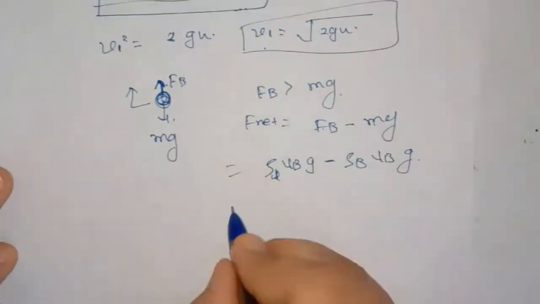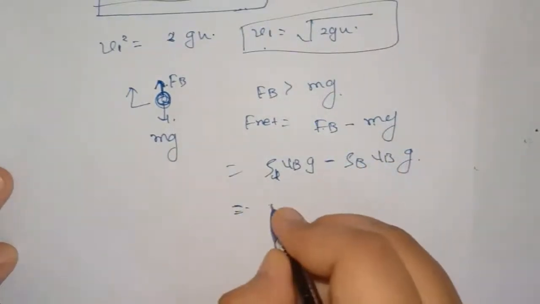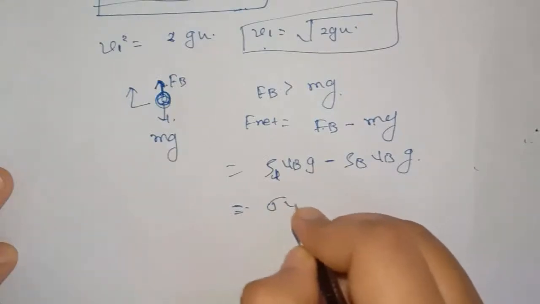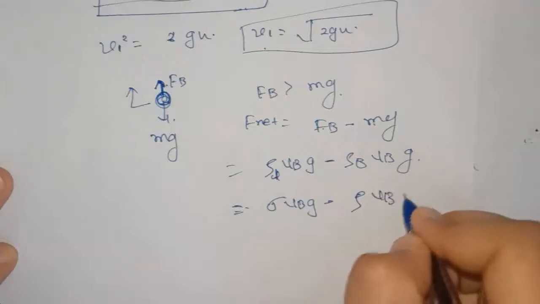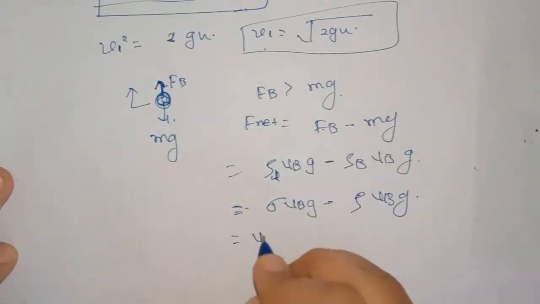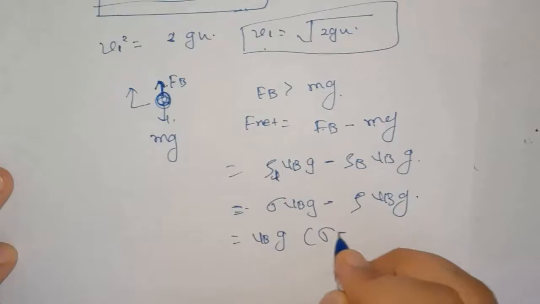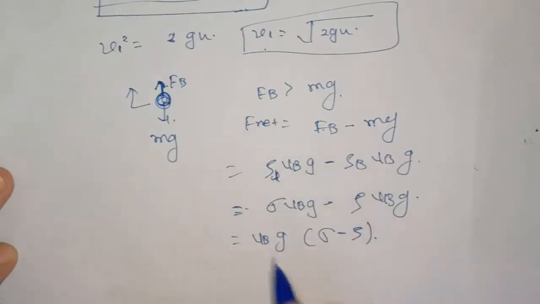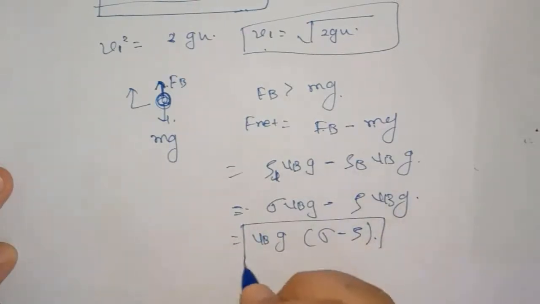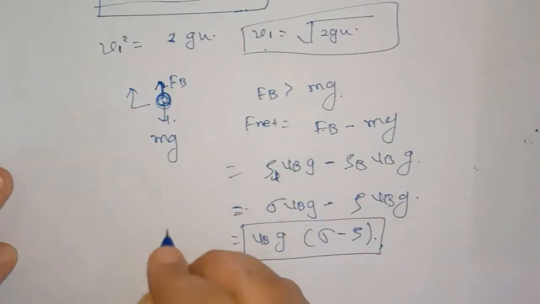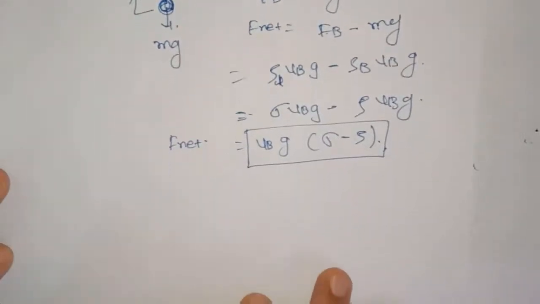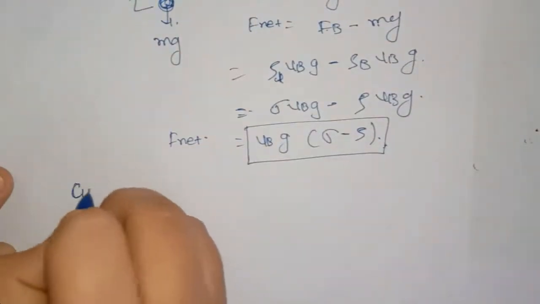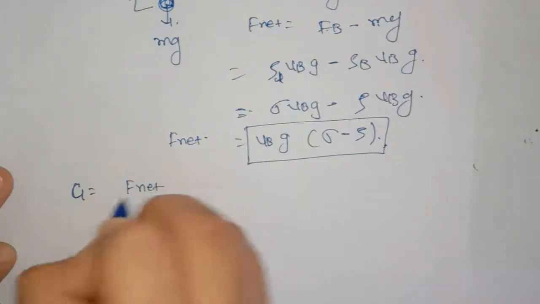The density of liquid is given as sigma, so sigma into Vb into g minus rho Vb g. Taking Vb g common, sigma minus rho. This is the net force in the upward direction. Due to the net force in the upward direction, we will get some retardation. a is equal to F net upon mass.